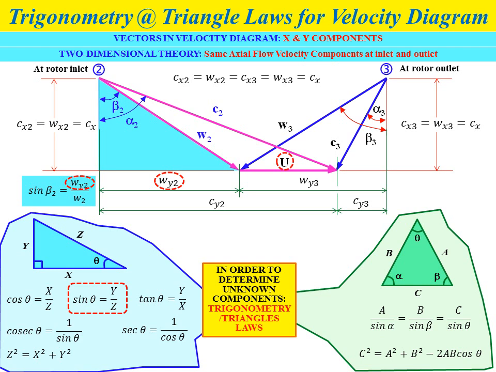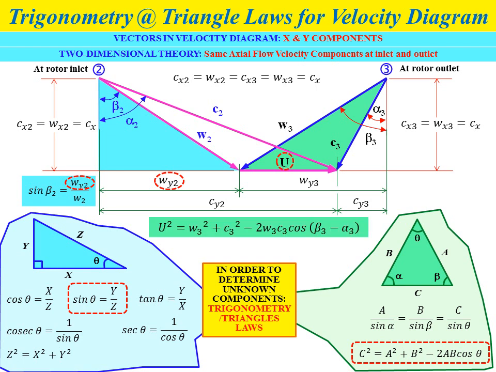Another example: let's say you want to determine the value of the blade speed U. We can involve the green triangle, and implement the last equation that we mentioned before, where C squared equals A squared plus B squared minus 2AB cos theta.